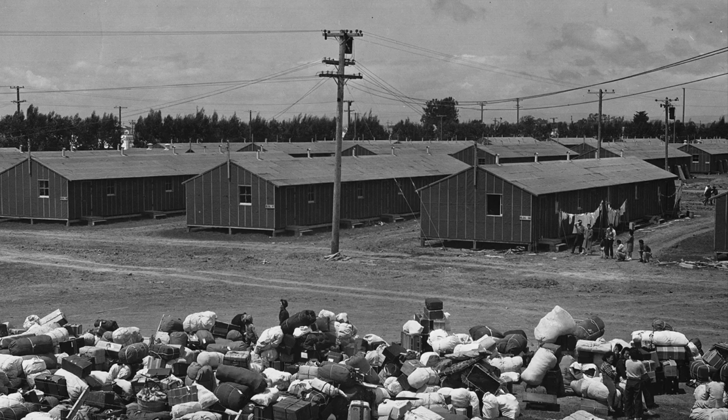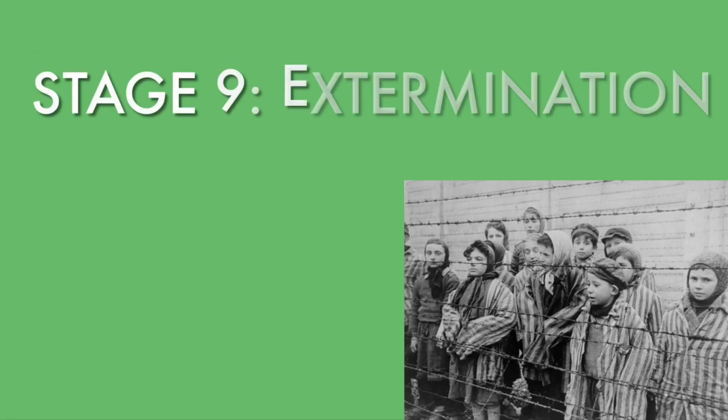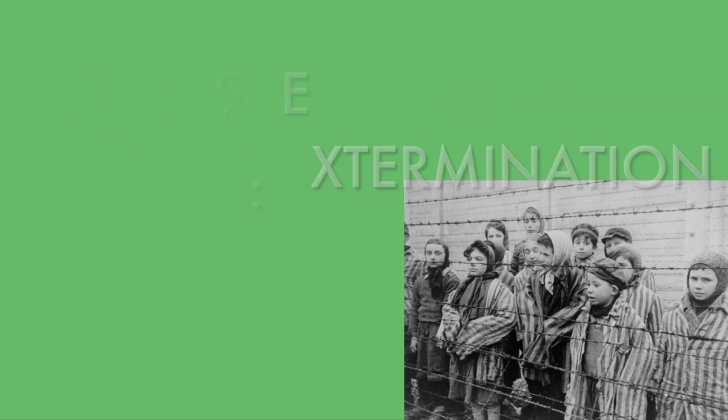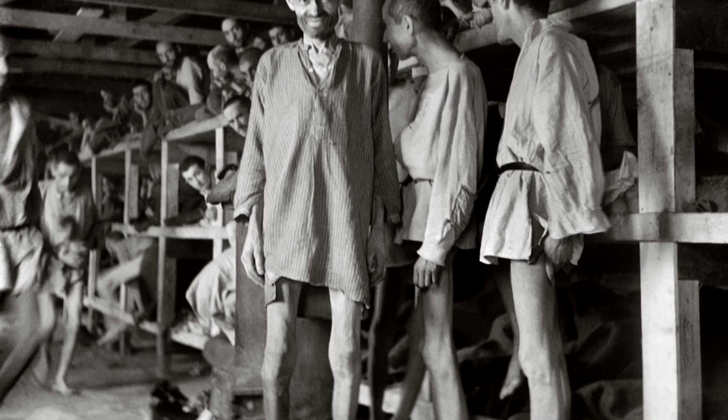They were called concentration camps because their purpose was to concentrate the Jews the Nazis intended to kill into one place. Finally, we get to the actual killing, known as the stage of extermination. Hence its name, extermination is the actual act of killing the group that had been targeted from the beginning.